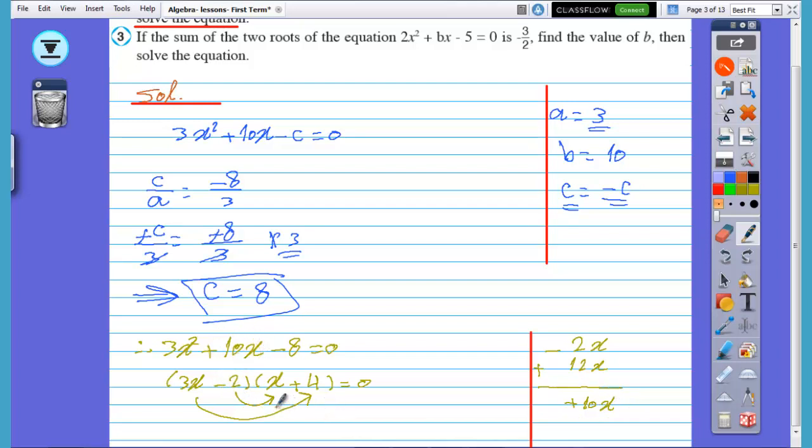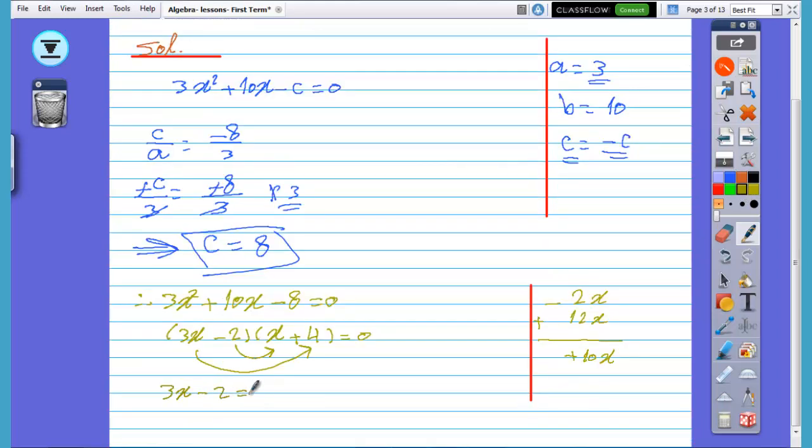Okay, now we have 3x minus 2 equals 0, or x plus 4 equals 0. So 3x equals 2, or x equals negative 4.